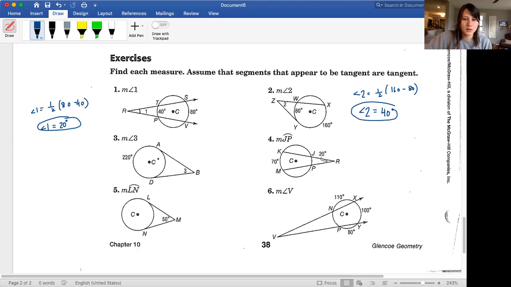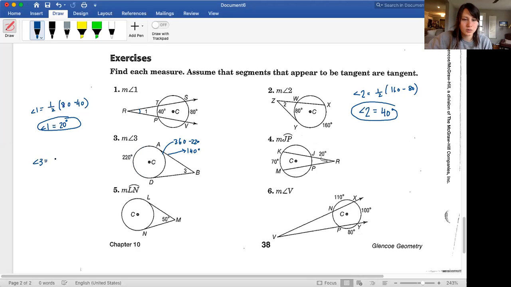Okay, looking here, I only have the big arc of 220. I don't have this little arc. However, I know that this little arc is 360 minus 220. So 360 minus 220 is 140, right? And so I'm going to work this out.